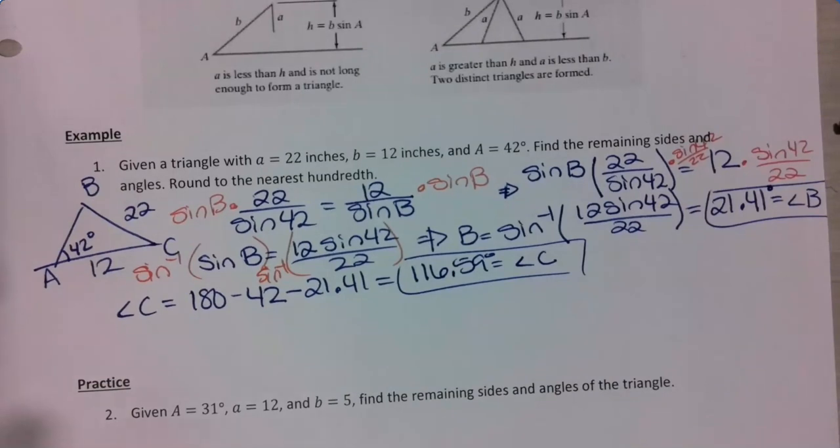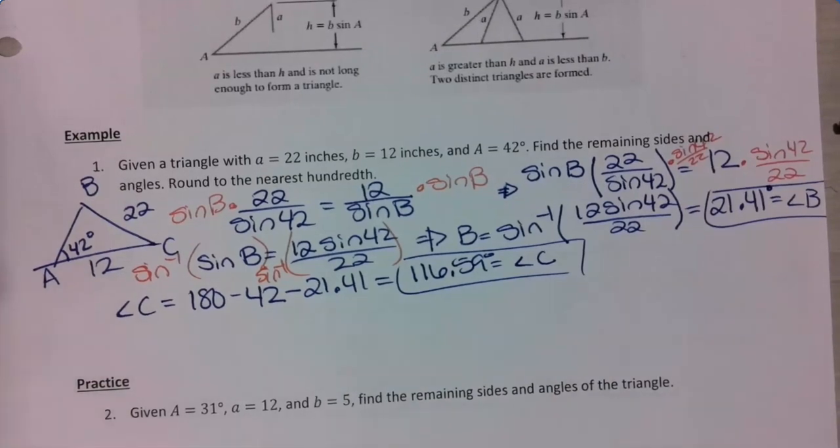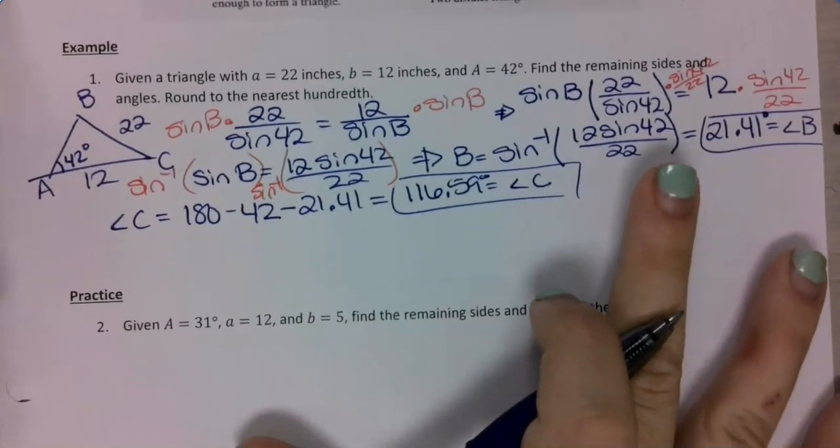Okay. Do I have everything I need for this triangle? I need to find side length C. So how do I set this up to find side length C?